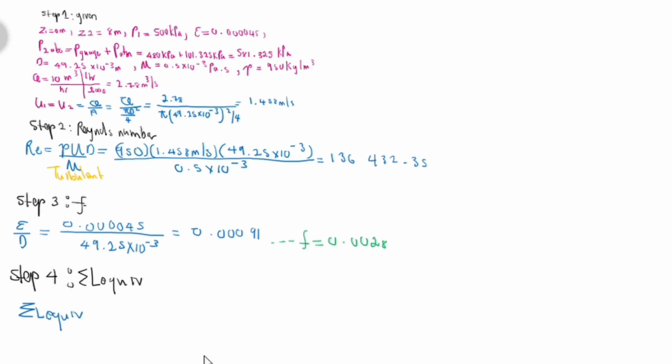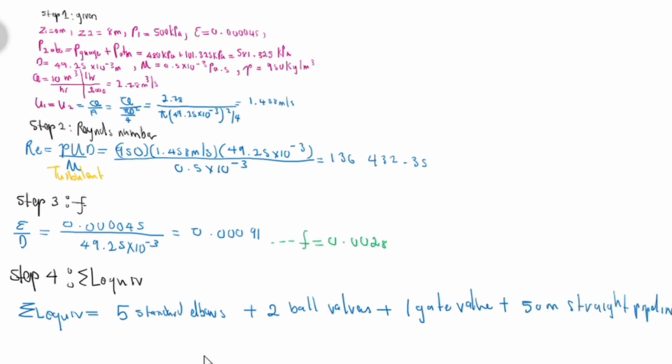can be equated to the 5 standard elbows that we are given, the 2 ball valves, 1 gate valve, and the length of the pipeline, which is 50 meters. Mind you, we are given the values of the standard fittings in the form of length over diameter.